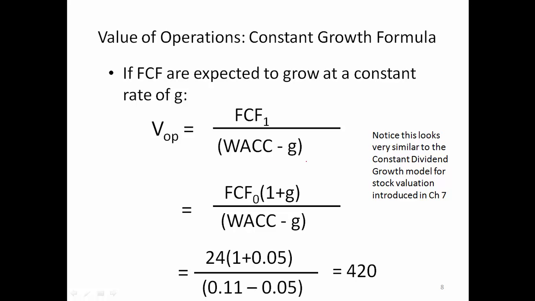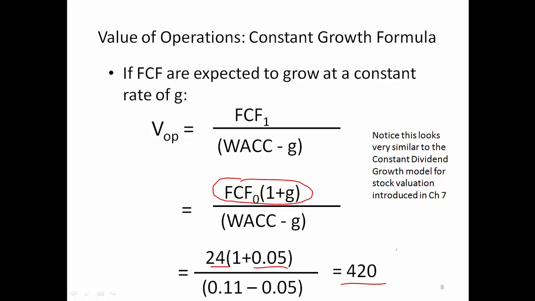And free cash flow of year 1 is calculated as free cash flow at year 0 multiplied by 1 plus g. So we have 24 million growing at 5%, so multiplied by 1 plus 5%, and then divided by 11% minus 5%, we have the value of operations as 420.